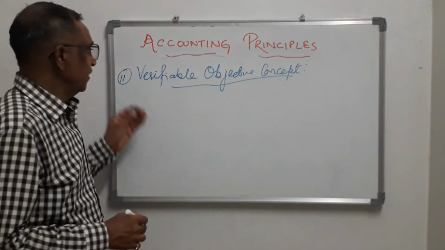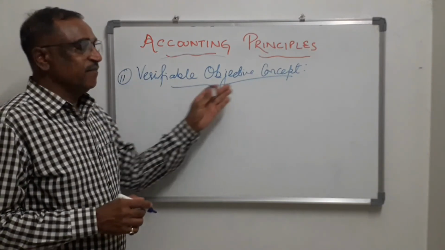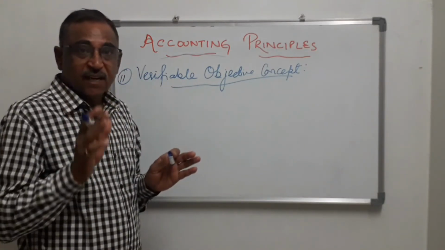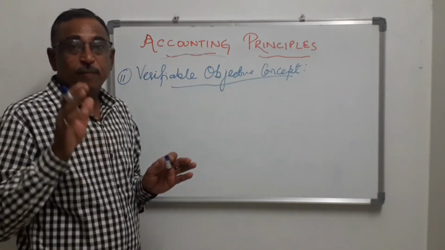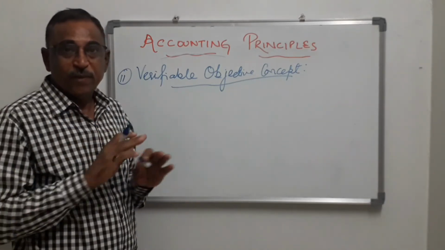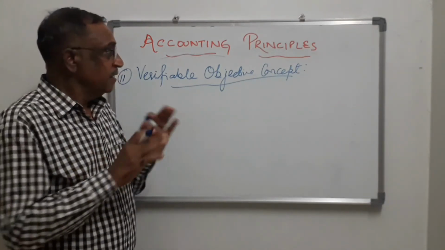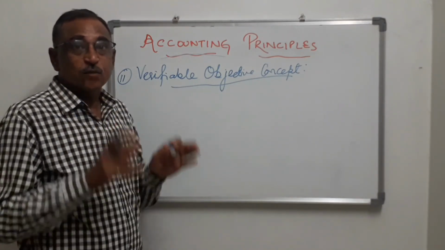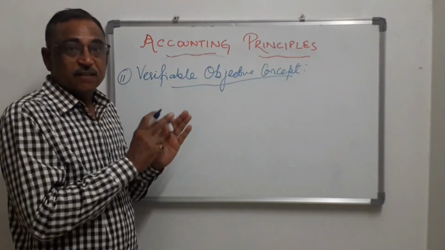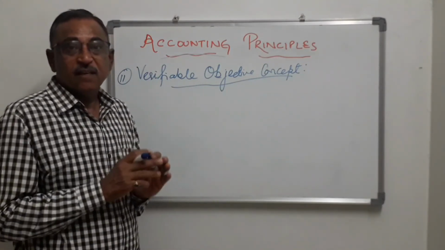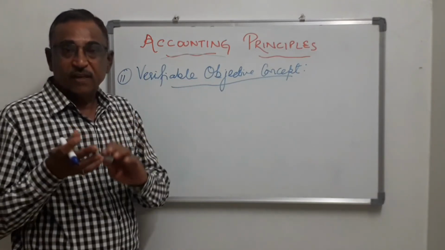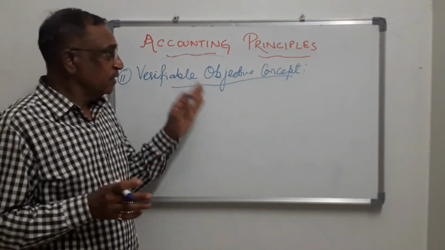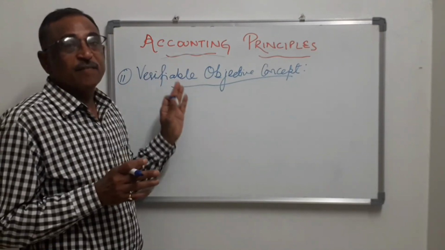Now we take up the 11th, verifiable objective concept. According to this concept, all the transactions entered into should be free from personal bias. There should not be any sort of partiality. Moreover, all the business transactions should be supported by certain evidence. These evidences may be in the form of cash memo, debit note, credit note, invoice, like that, so that the transaction can be verified.